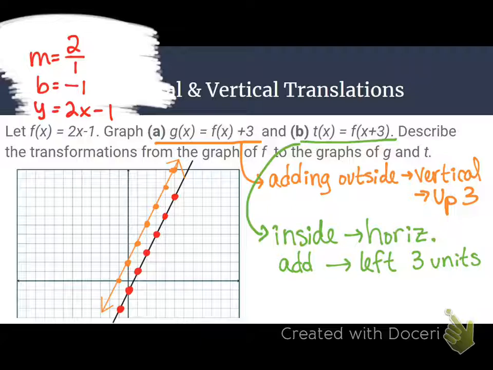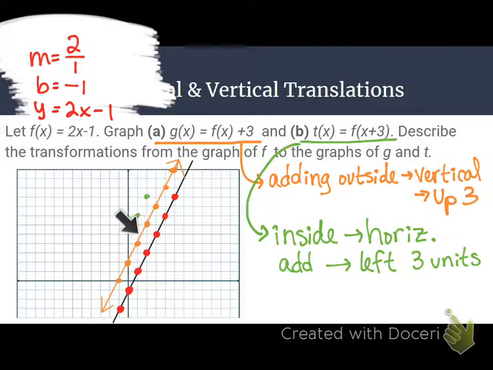So that's from our original one. From my red points, I'm going to be moving left 3 units. Start at a red point, go left 1, 2, 3, put another point. Left 1, 2, 3, put a point. Okay, are we all okay with how we're getting these?